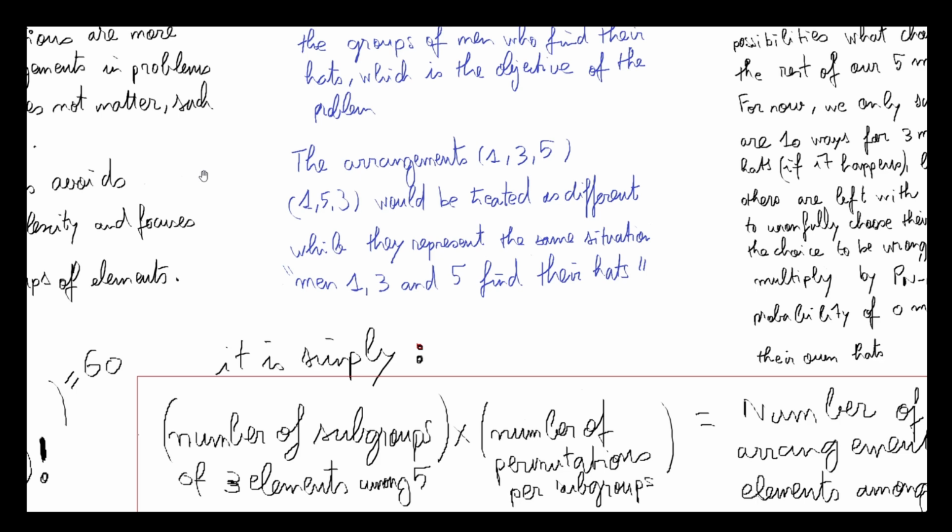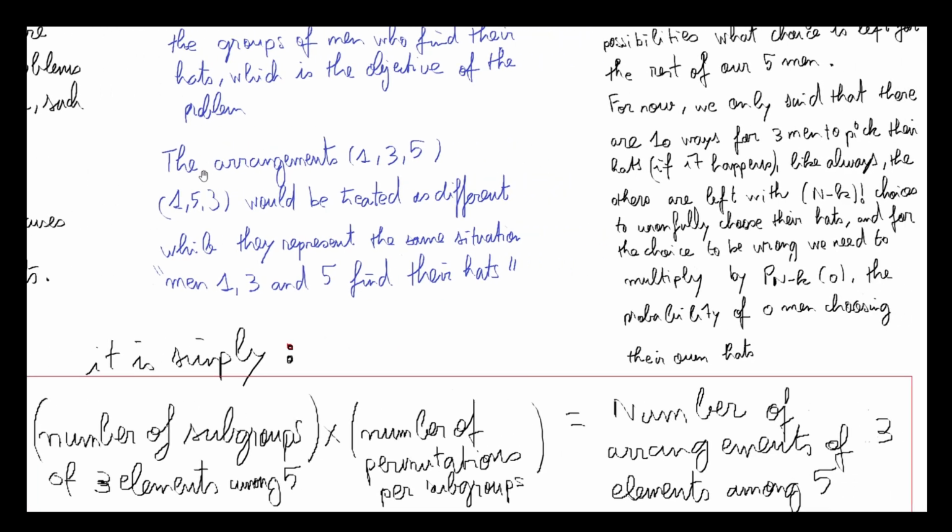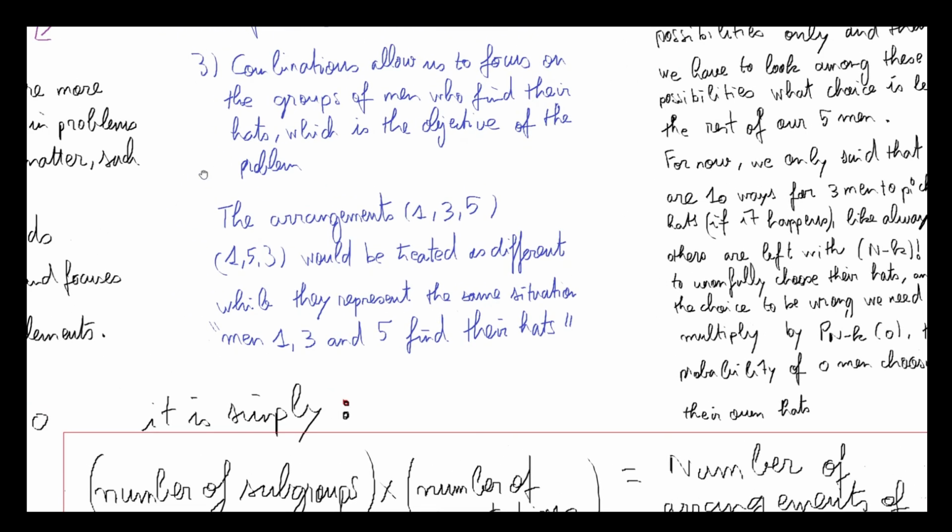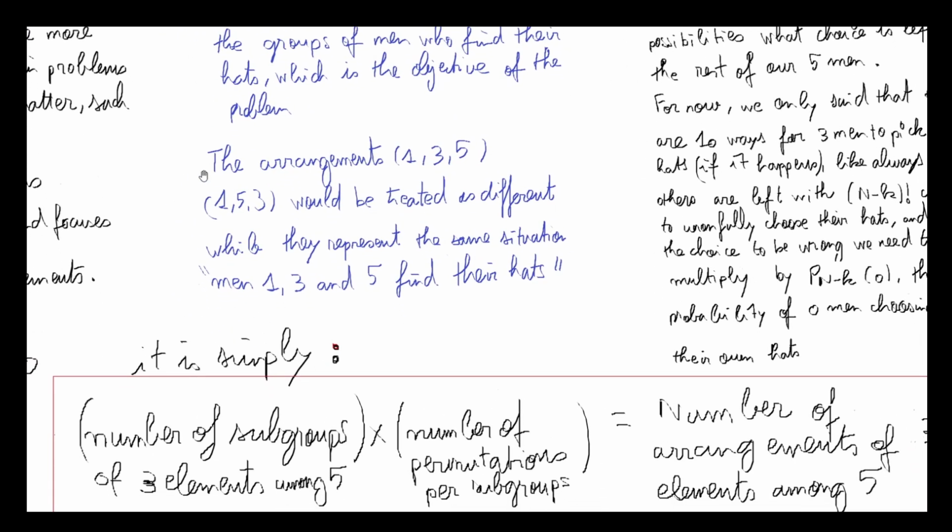And that gives you the number of arrangements of 3 elements among 5. So, all the possible arrangements of your 3 men among a group of 5 men. You take the number of subgroups and multiply this by the number of permutations possible per subgroup.